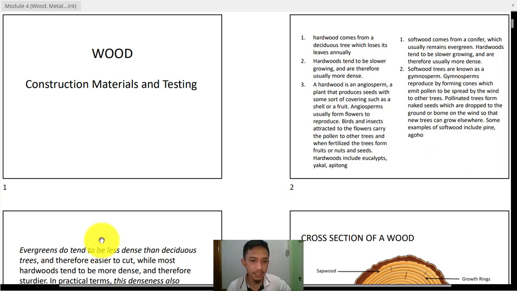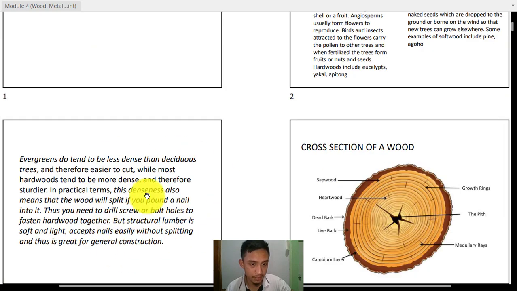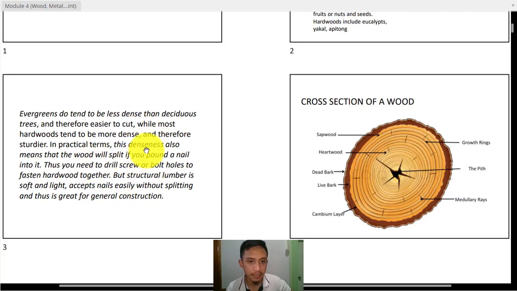But again, the disadvantage, as discussed in this paragraph, is that the hardwood tends to split if we drill or pound a nail because of its composition. But a softwood will accept that.